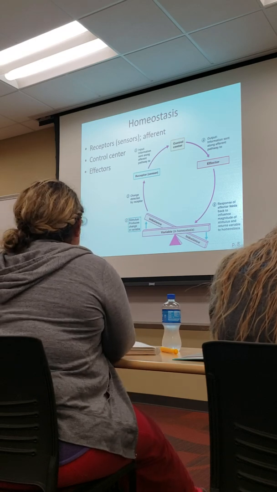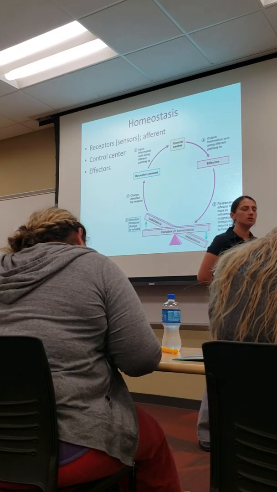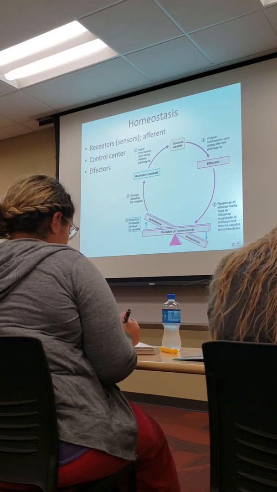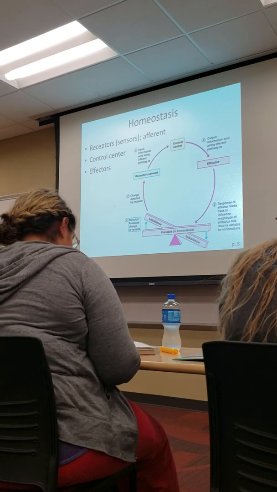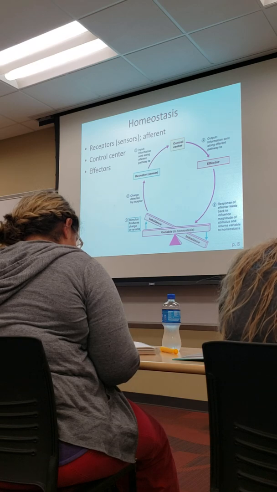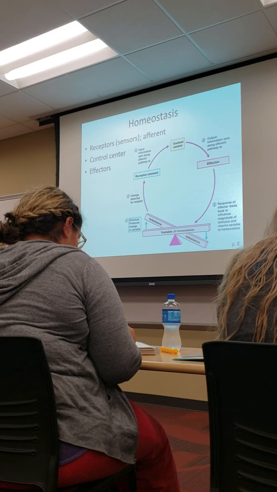Your spinal cord or your brain is going to process that information that's going on. And it's going to say, hey, that's hot, you need to pull your hand away. And then your efferent or your effectors are going to be your hand actually pulling away from the stove. That reaction that you get, that effect that happens when your spinal cord or brain has made a decision.